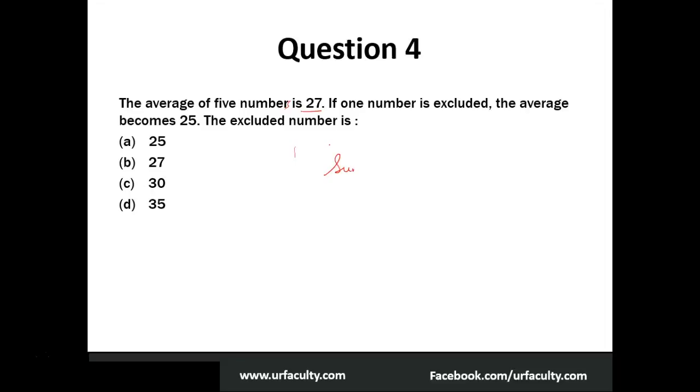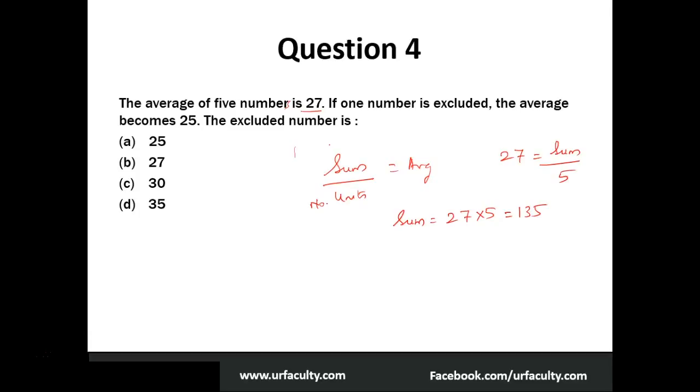So what is the sum? Sum by number of units is equal to average. We have the average, we don't know the sum, and the number of units is 5. So the sum is equal to 27 into 5, which is 135.